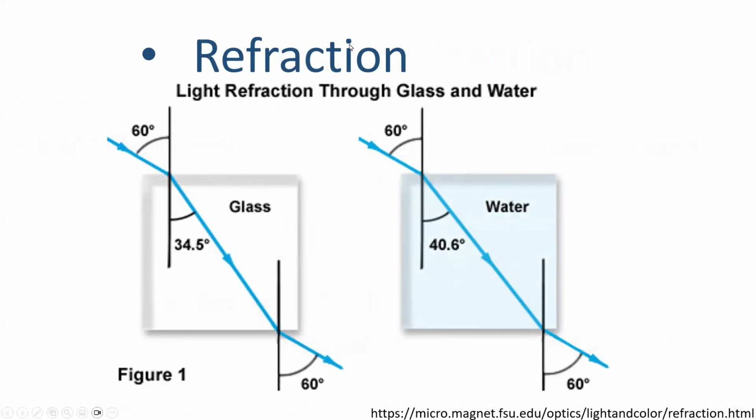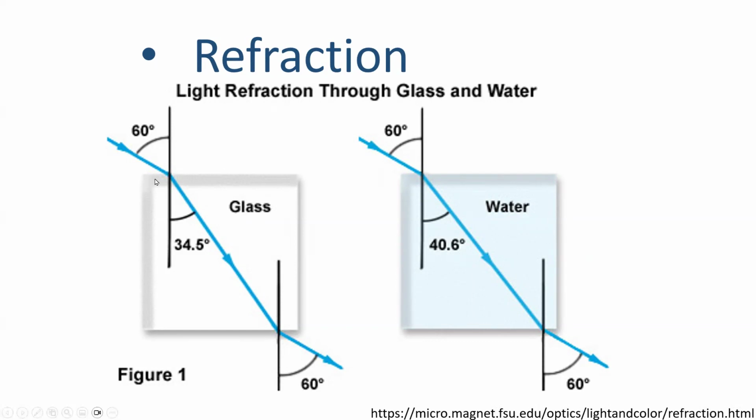Now let's talk about something that's called refraction. So here is air, here is glass. Here is air, here is water. What can we see here? Okay, so here is glass, here is air, or we can say vacuum, but let's call it air because it's easier to imagine air than the vacuum.